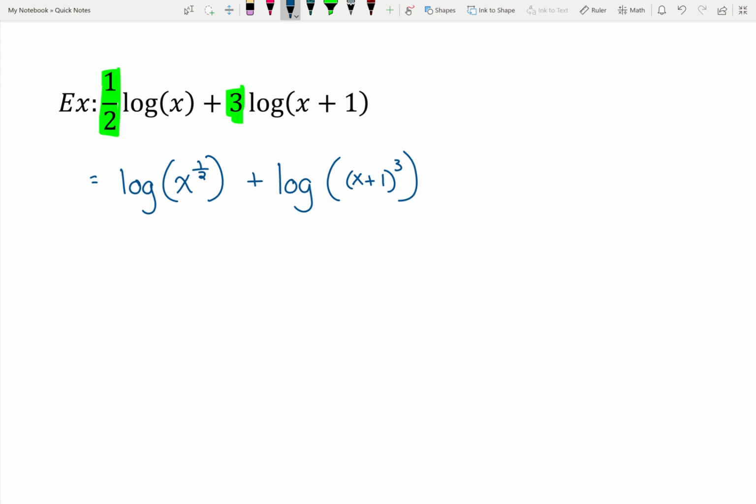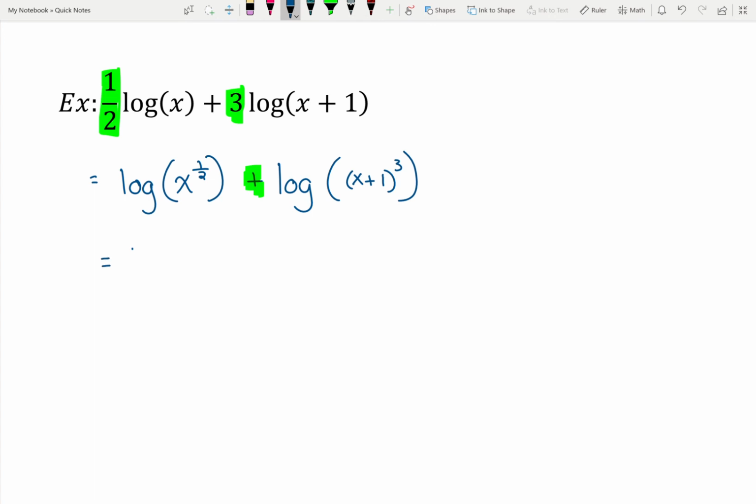All right, so there's two things to note, right? First thing is that we could turn this into a square root, but more importantly, the big thing to note is that there's an addition sign here, and the addition sign means that there was a product rule that occurred. So I'm going to use the reverse of the product rule.